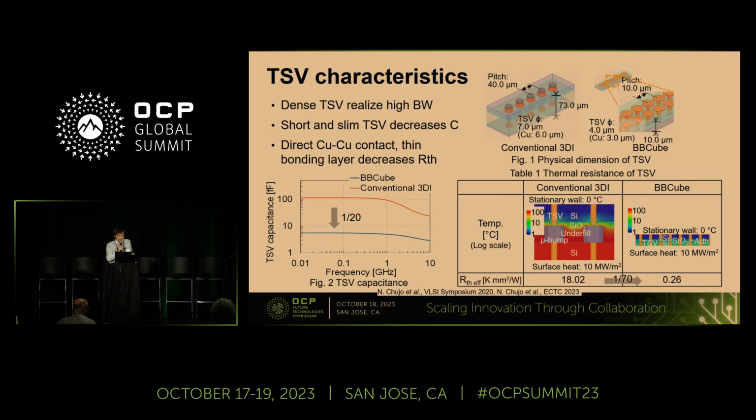The TSV pitch of BBCube can be narrowed to 10 microns, so the density of TSVs becomes 16 times higher than conventional 3D integration. Due to short and slim TSV, the TSV parasitic capacitance of BBCube becomes 1/20 that of conventional 3DI. In addition, due to direct copper-to-copper contacts and thin bonding layer, TSV thermal resistance of BBCube reaches 1/70 that of conventional 3DI.